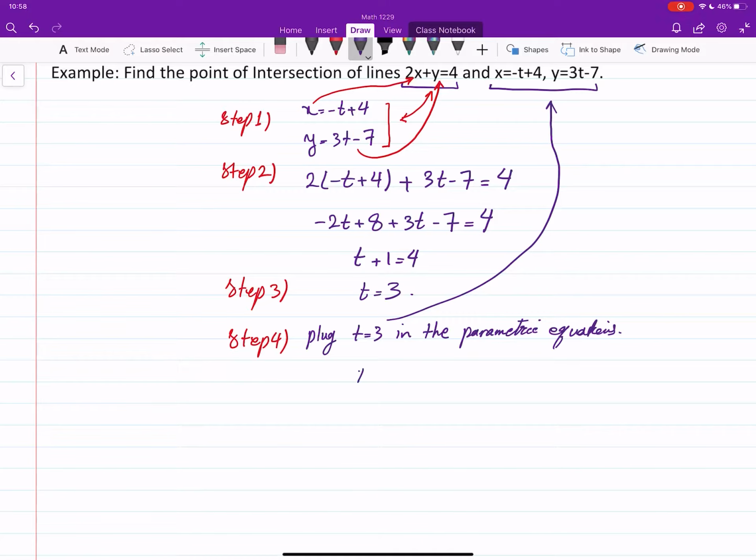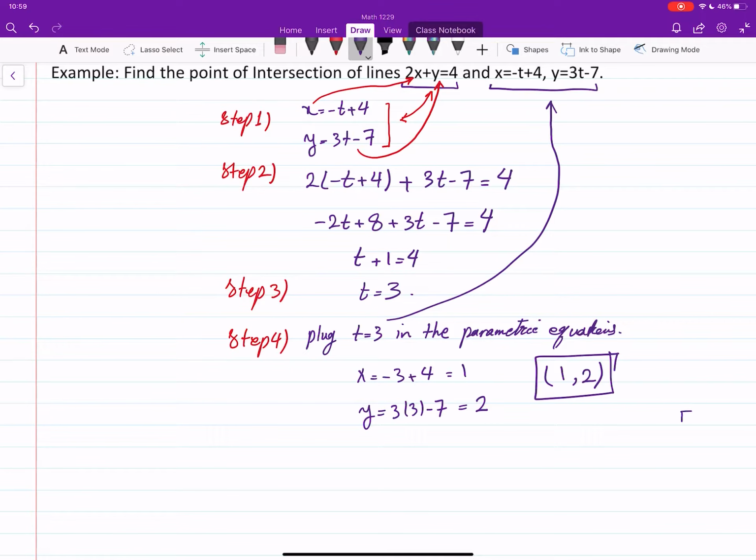So x is going to be negative 3 plus 4, and y is going to be 3 times 3 minus 7. So this is 1, this is 2. That means that the point of intersection is (1, 2).